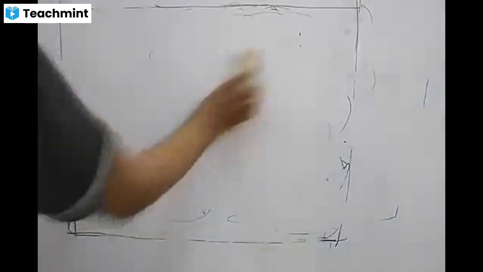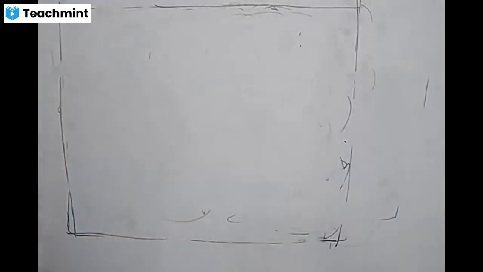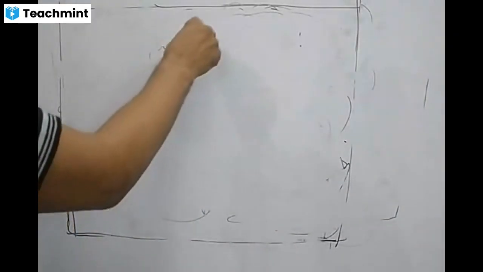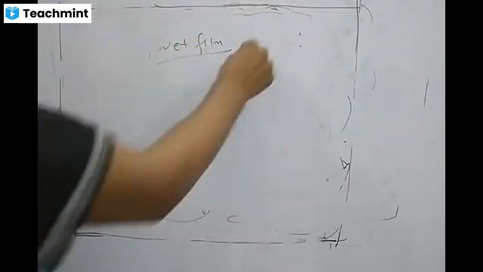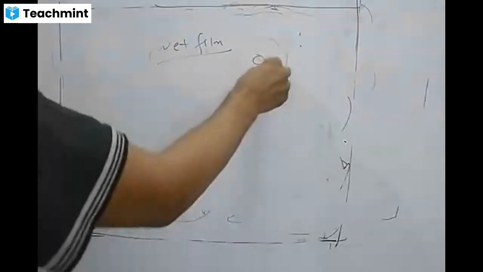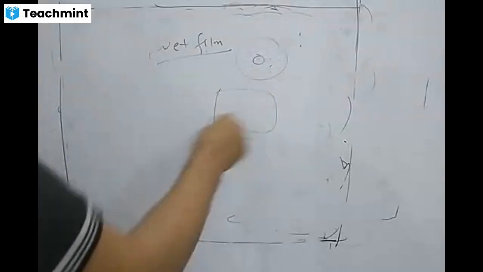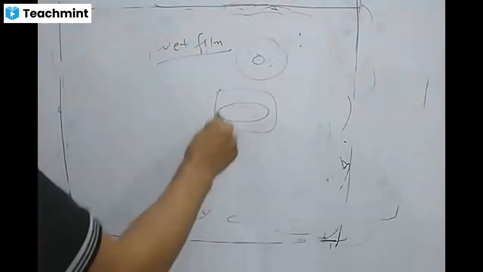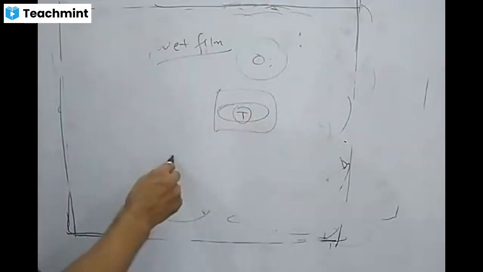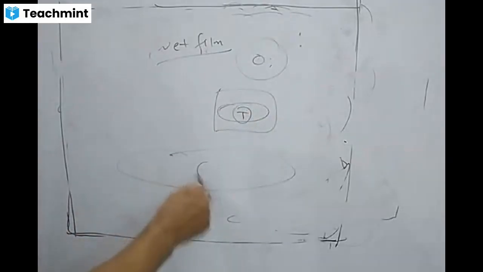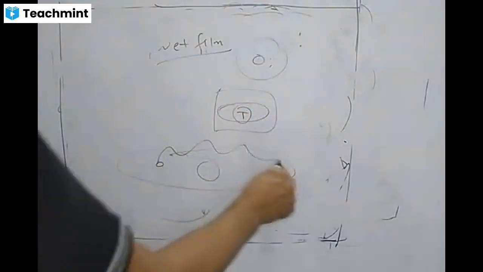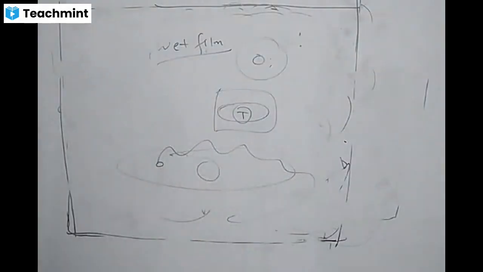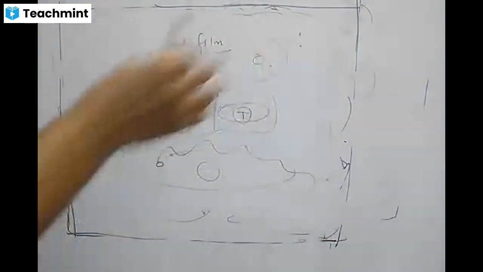For the diagnosis of trypanosomes, wet film examination at field level: take the blood sample and examine under the microscope, and you will find the trypomastigote form with its longitudinal nucleus. So wet film. But there are some other tests.